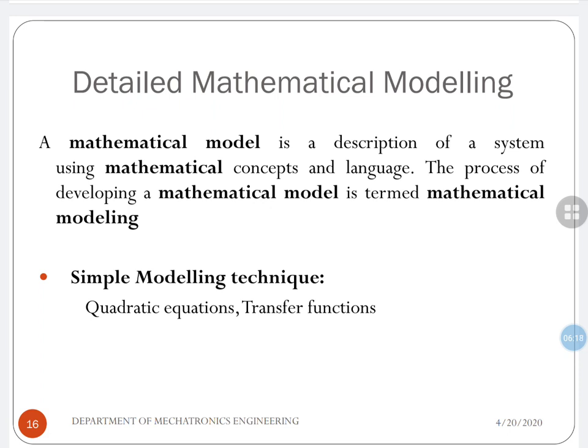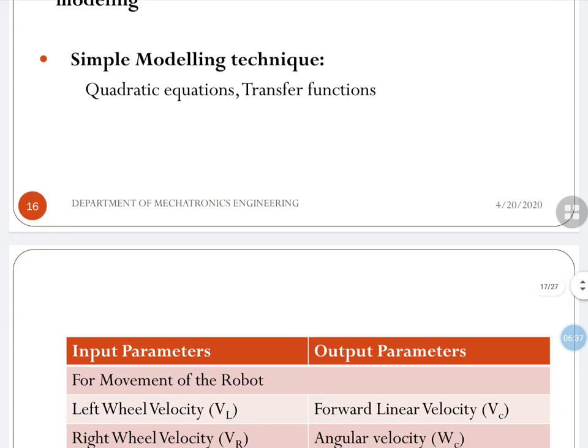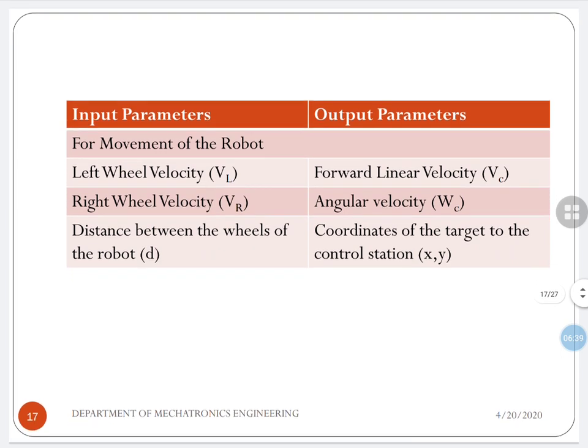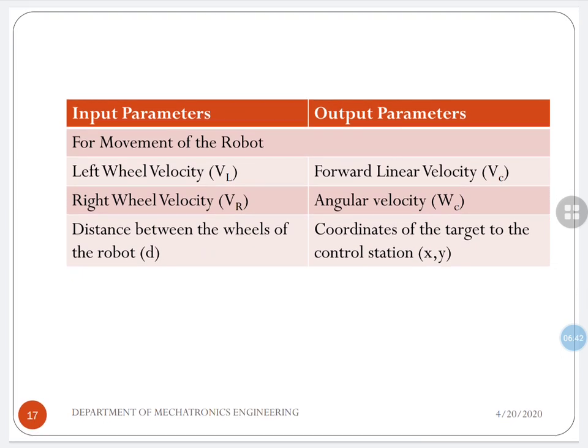The next step. A mathematical model is a description of a system using mathematical concepts and language. The process of developing a mathematical model is termed mathematical modeling. As far as simple mathematical techniques go, we are using quadratic equations and transfer functions. Now the input parameters and output parameters.